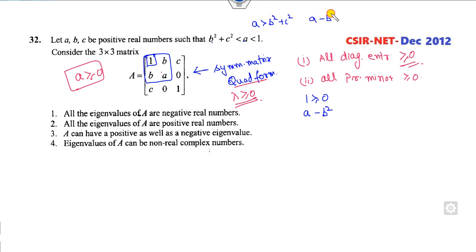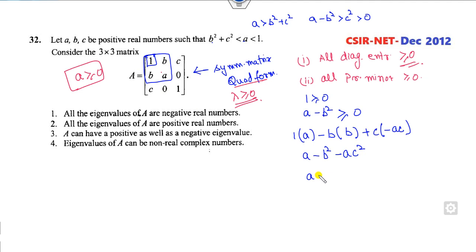So A minus B square is greater than C square, and is always greater than 0. So it is greater than or equal to 0. Look at the 3 cross 3. If I take the determinant, A minus B, plus C, it is 0 minus AC. So it is A minus B square minus AC square.